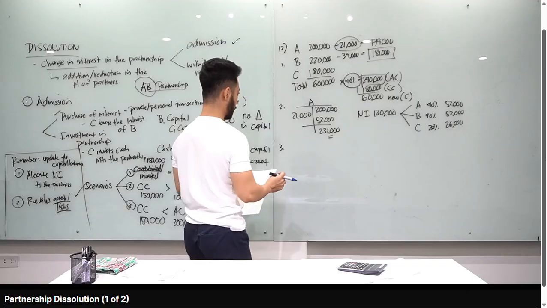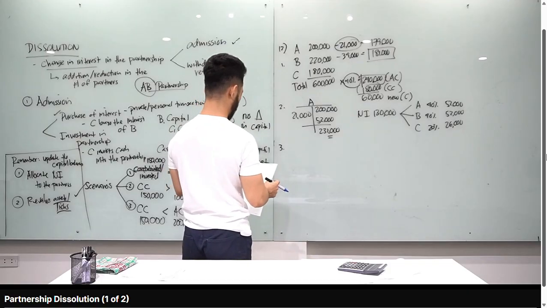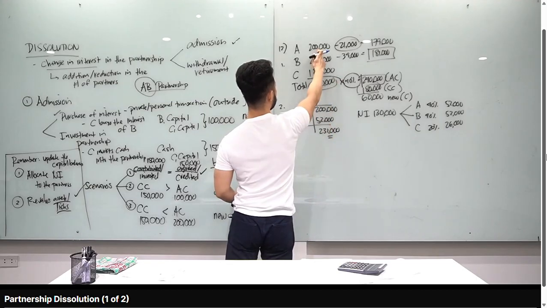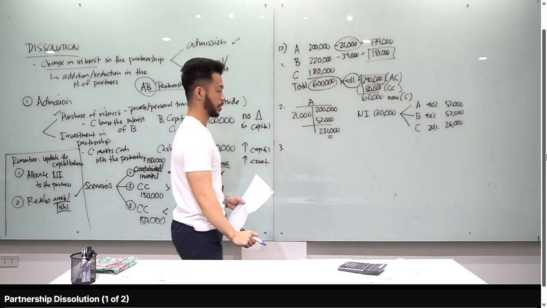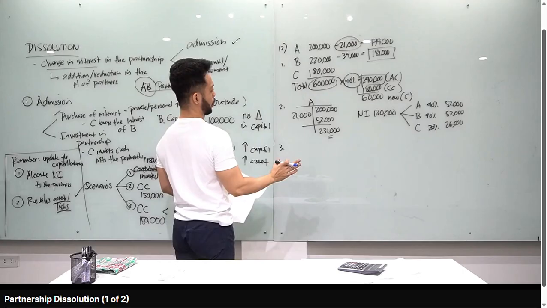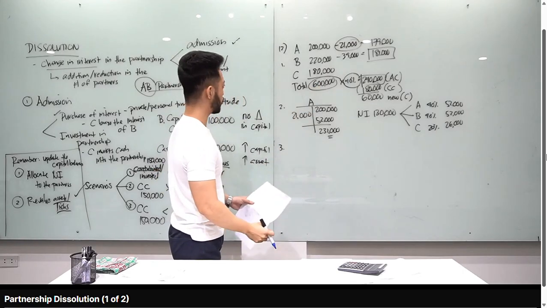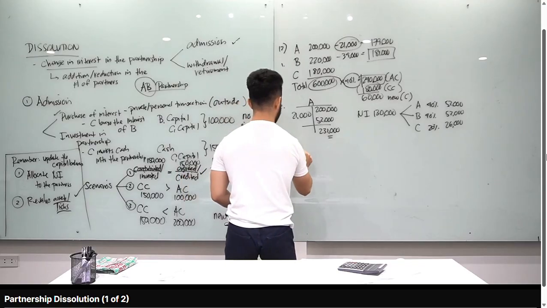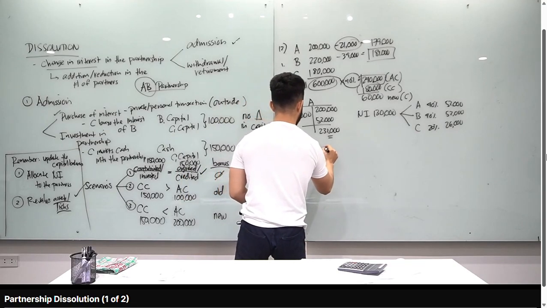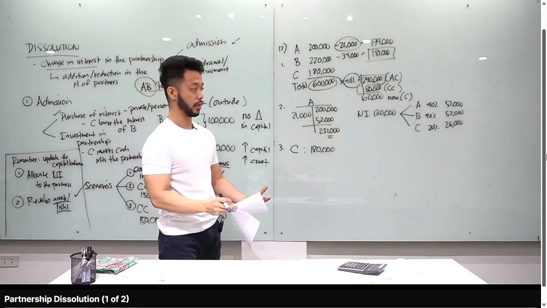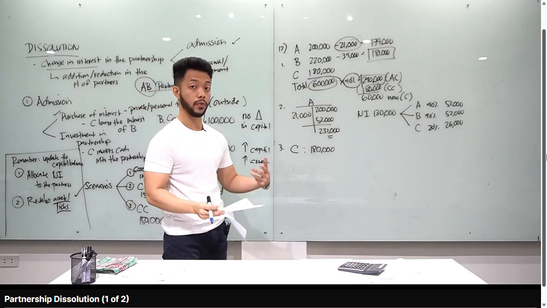Ganito gagawin ko dyan. Currently, okay, yung total capital of the partnership is 600, tama? 200 plus 220 plus 180, that's 600,000. Now, ang sinasabi sa problem, possible na may under-overvaluation dyan sa 600,000. Sir, paano natin malalaman? Ganito yan. So, si C contributed 180,000. Tama? And, pag nag-contribute si C, syempre, dapat properly valued mo na yung partnership.